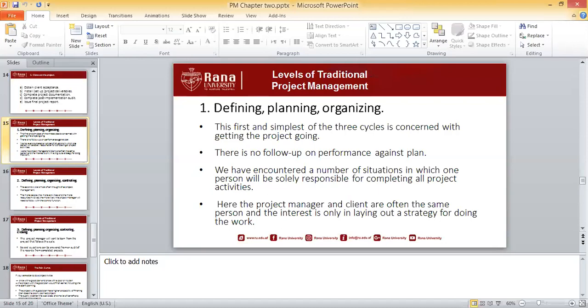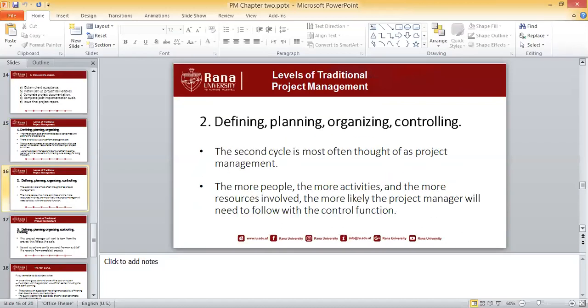So moving on to the second level, dear students. When the activities become much more in any project, it is going to require more people. So when you require more people, dear students, there will be a lot of complications. There will be a lot of activities that need to be done. It cannot be done by one person.